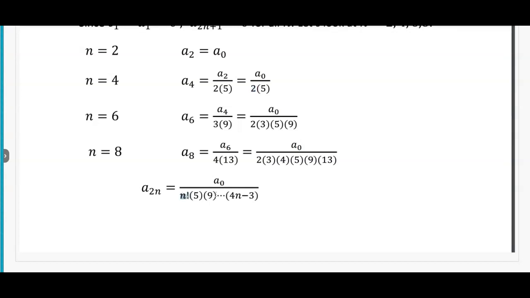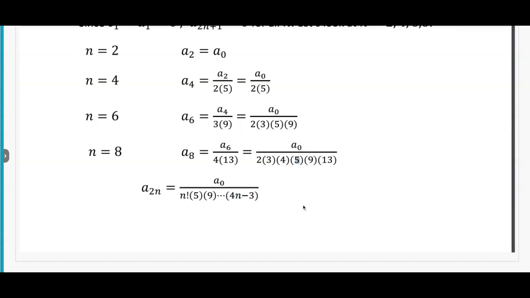So we see n factorial. Then we have 5 times 9 times 13. Well, they differ by 4, right? 9 minus 5 is 4, 13 minus 9 is 4. So that's 4n.